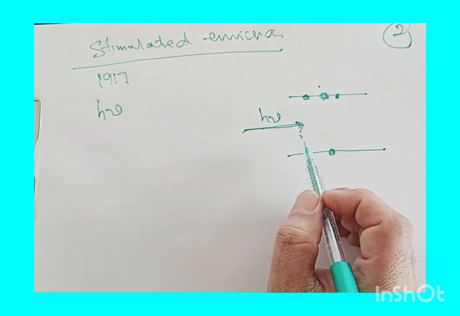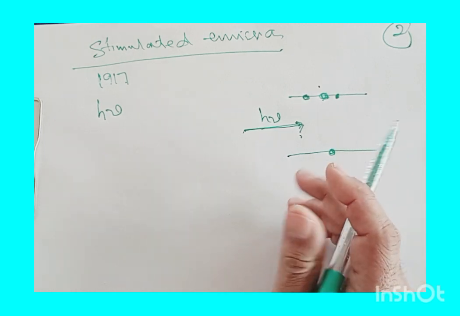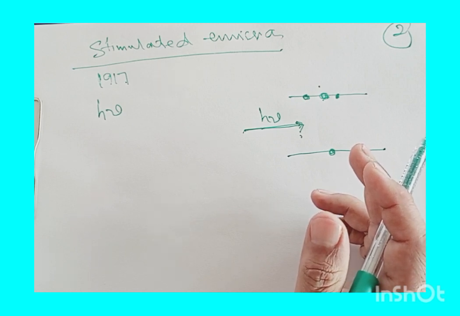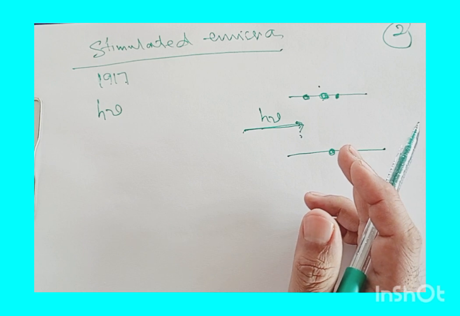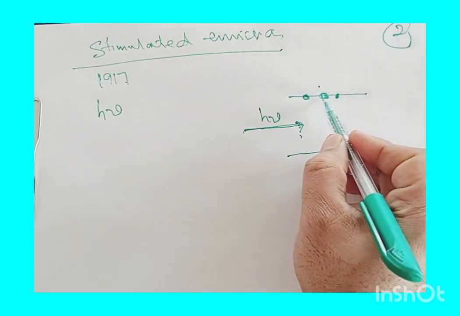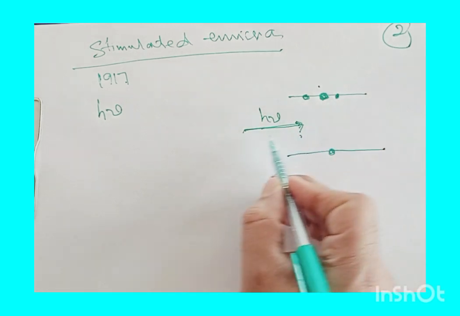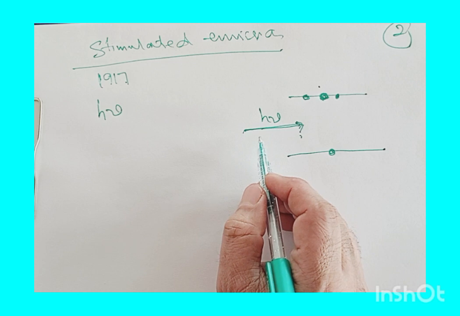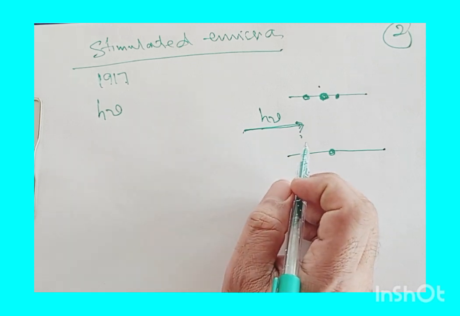Now, the incident photon stimulates the atom. It exerts a kind of force on the atom to move from excited state to the ground state. So the atom is already in the excited state, and we are supplying an external energy to it.